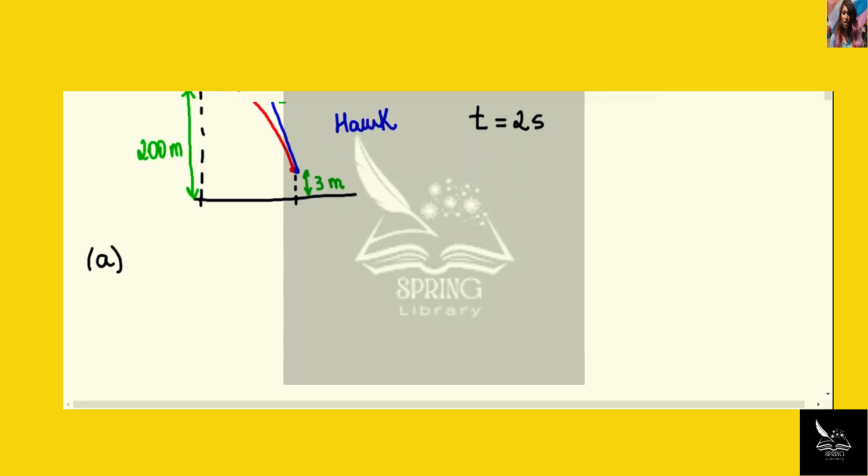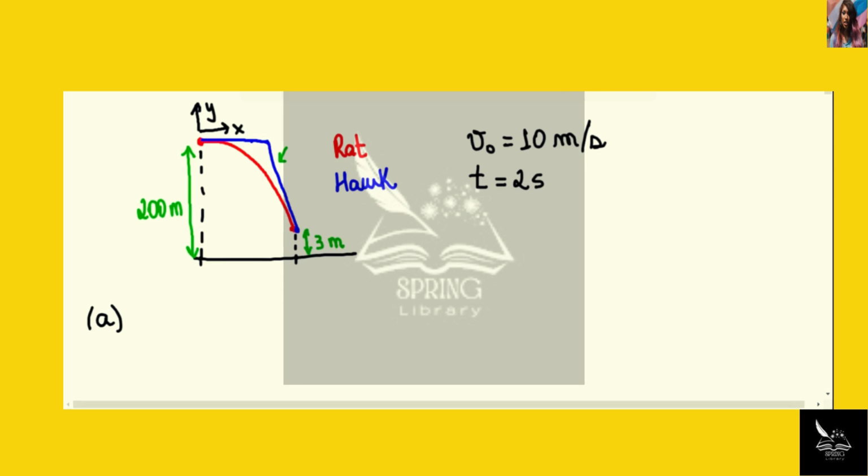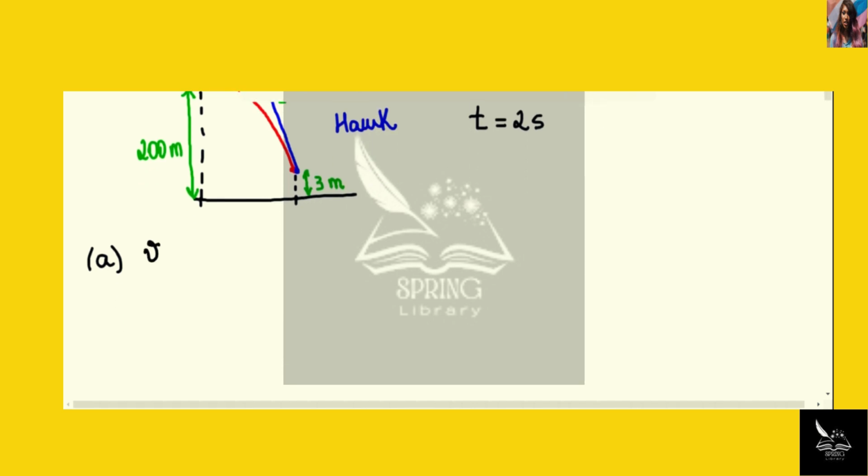Notice that the trajectory of the rat is the trajectory of a projectile launched horizontally. This means that v0x is just the speed of the hawk, the initial speed of the rat, 10 meters per second. And v0y is 0. It starts with no vertical speed.